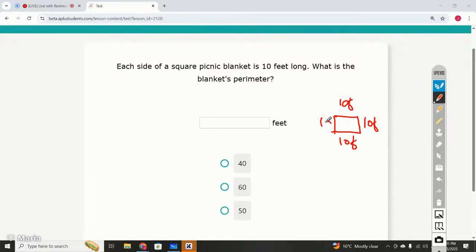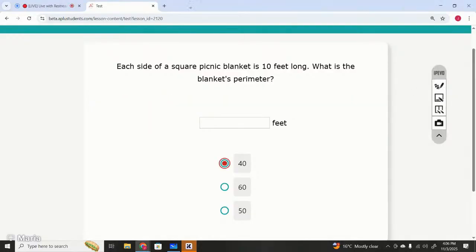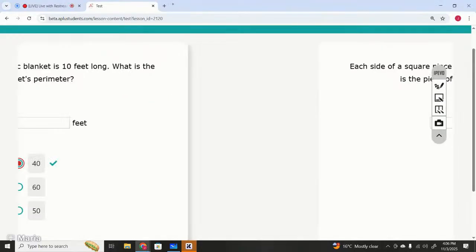All of them have exactly the same measurement. So for the perimeter, we need to add all the side lengths, 10 plus 10 plus 10 plus 10. So the perimeter of the square blanket is 40 feet. The correct option is 40 feet. Option number 1 is the correct option.